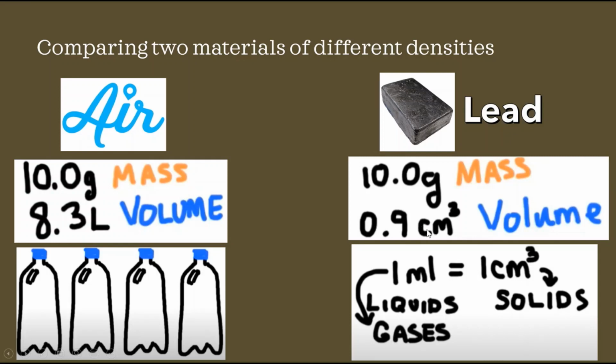Now if you convert this centimeter cube to milliliters, you can see that it is less than even 1 milliliter, and liter is far higher than milliliter, right? So if you compare 10 grams of air versus 10 grams of lead, you can imagine the difference.